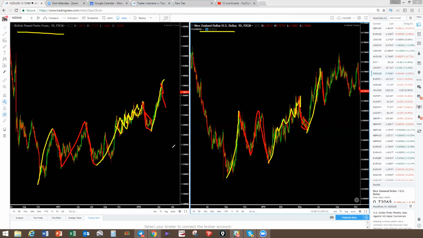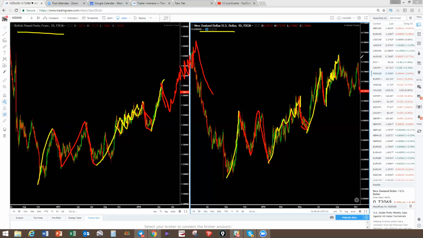But as you can see, after that move, this carried on, slowed down, kept pushing, but then eventually came down. So we'll be expecting that this will follow the same move: down, keep pushing, slows down, and eventually come down. Okay? Exactly the same.